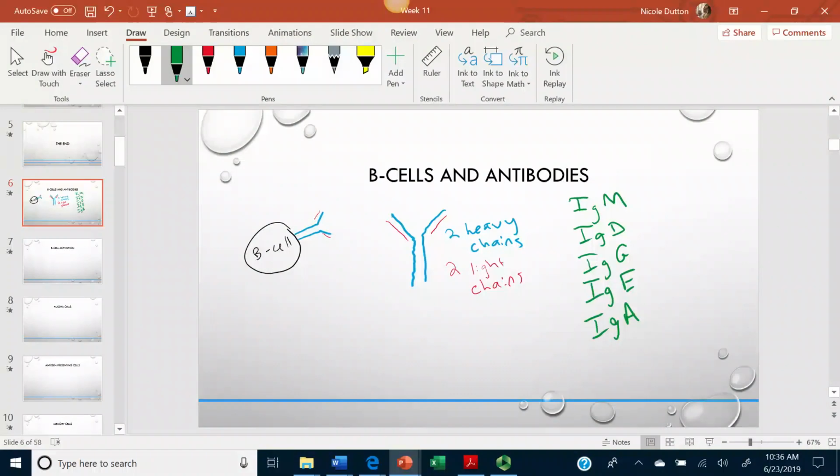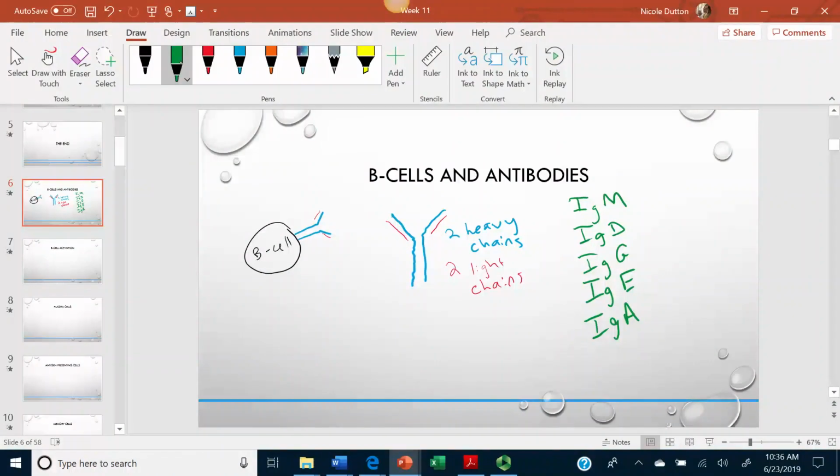So when this B cell initially gets woken up by a pathogen, or by an antigen on an antigen presenting cell or presented on the infected self cell, this is the one that's going to do the initial recognition. IgD is almost exclusively found on the B cell membrane, and it doesn't really have a specific function. Along with M, it's one of the first responders, but it doesn't play a major role in B cell activation.